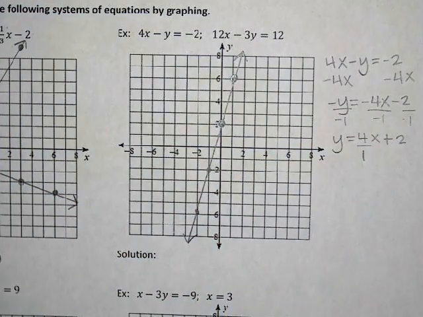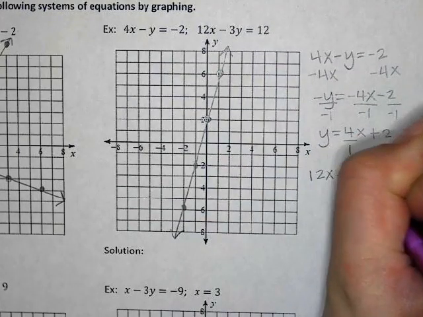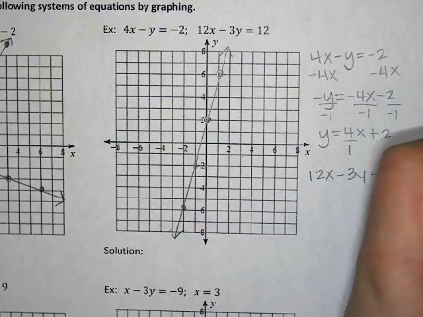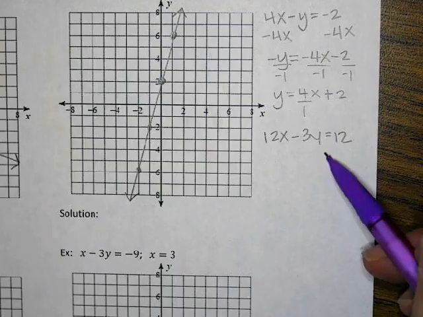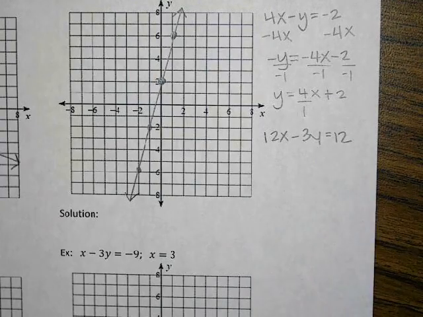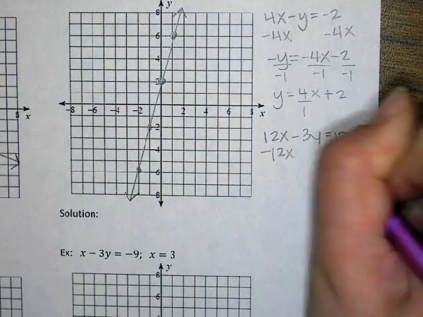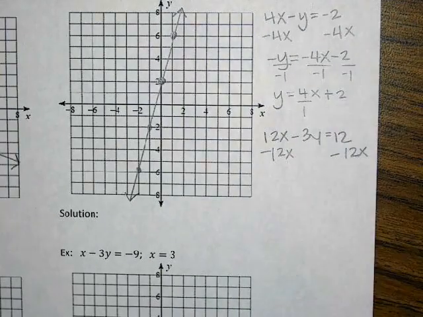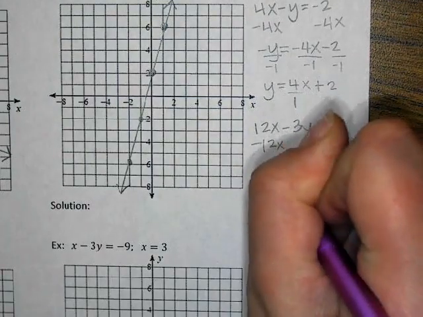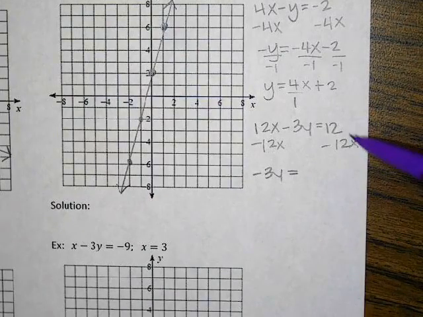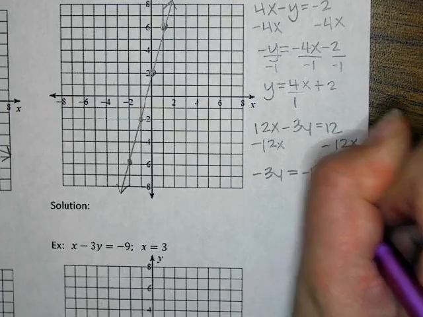All right, the next one says 12x minus 3y equals 12. So what should we do first? Okay, subtract the 12x over. -3y equals, and then which of these do we write first? -12x comes first, and then what should I write?